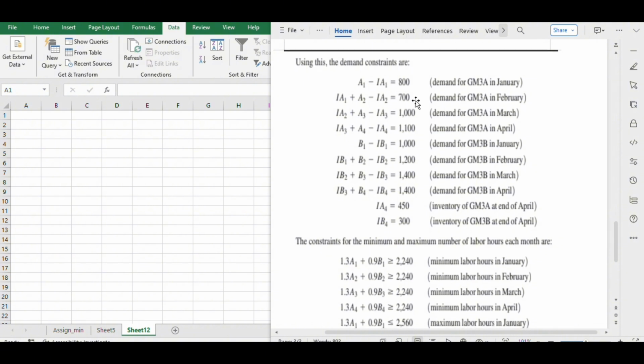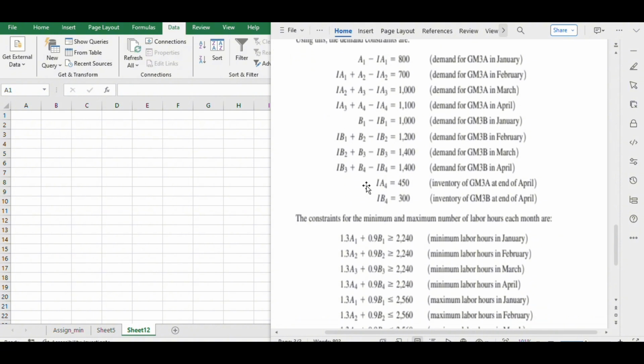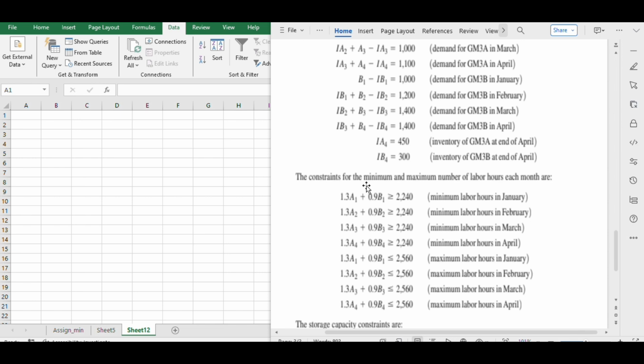And then for the second is inventory of January plus the demand of February minus the inventory of February, and so on and so forth. And also we will find the inventory of GM3A at the end of April and the inventory of GM3B at the end of April.